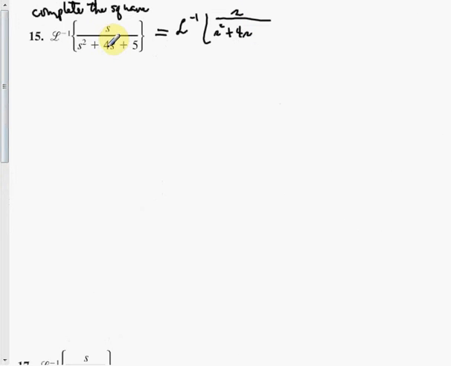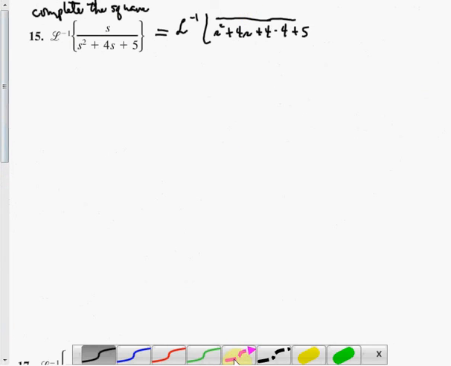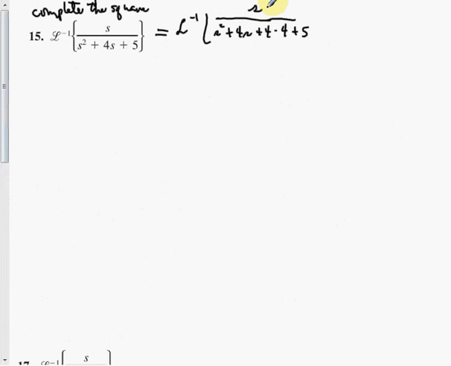You square that 2, you get 4. I'm going to add a 4 and subtract the 4. That's plus 5 sitting over there. So this gives me the inverse transform of s all over s plus 2 squared plus 1. All right?